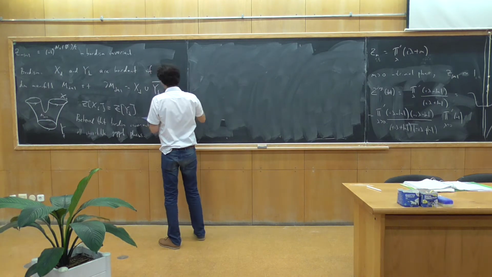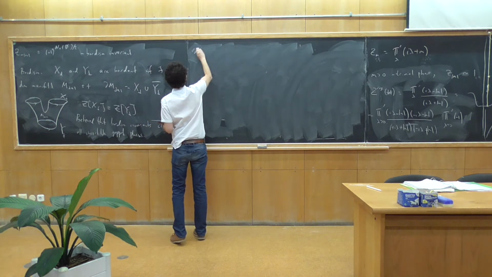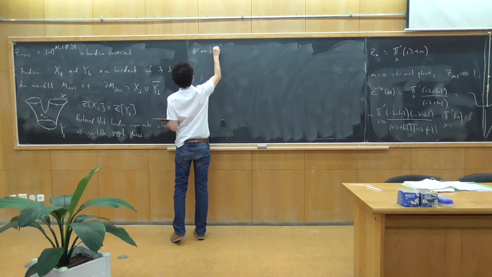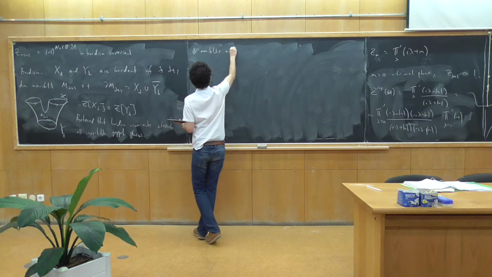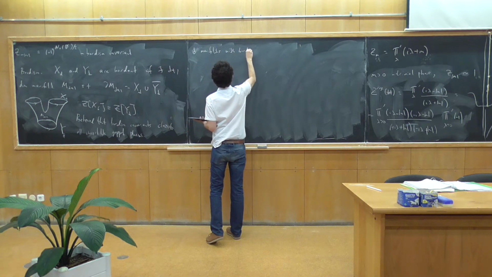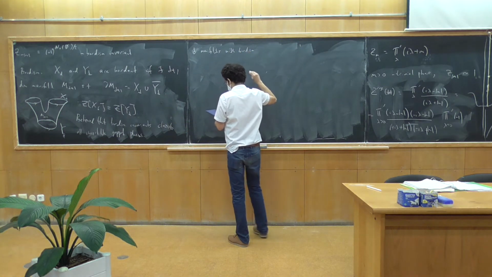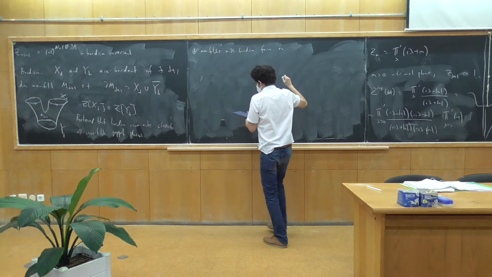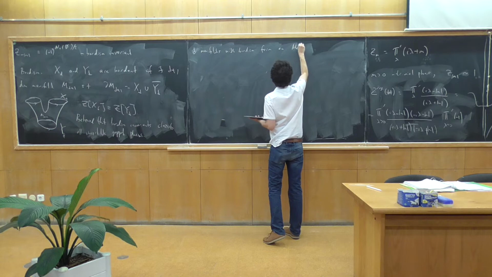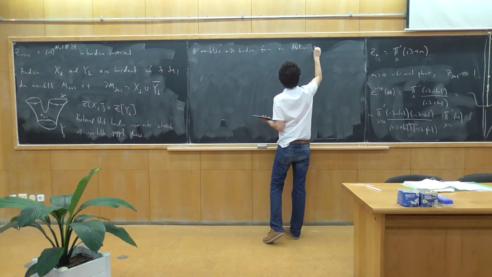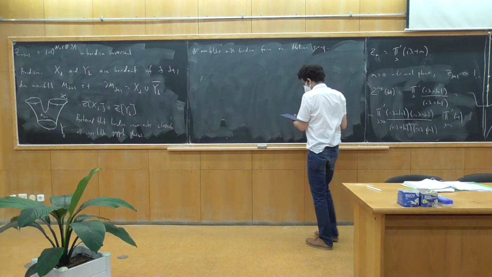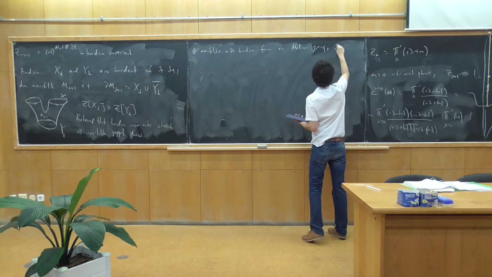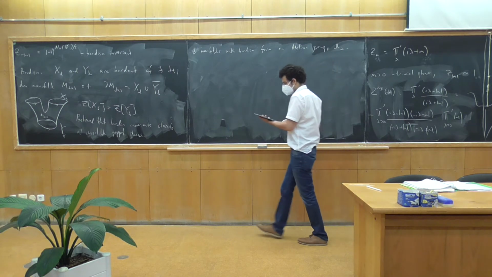So, actually, d-manifolds with bordism form an abelian group, Omega_d.